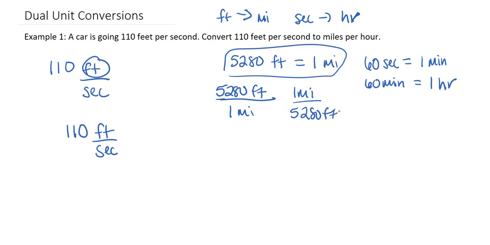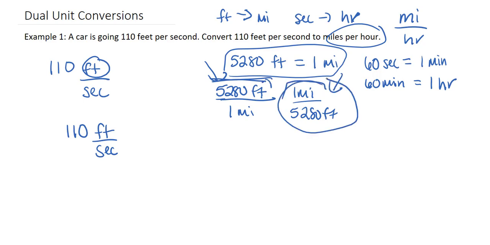And so when we think about it, if we need to get to miles per hour, that means we need to get miles on the top, and we need to get rid of this feet. So let's go ahead and first, is it going to be this one right here, or this one?